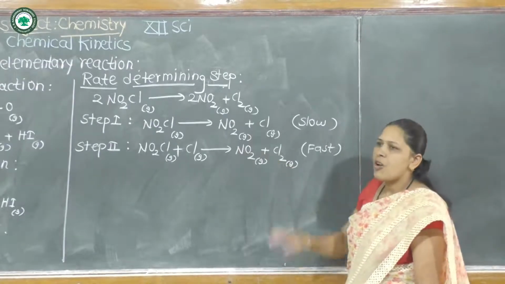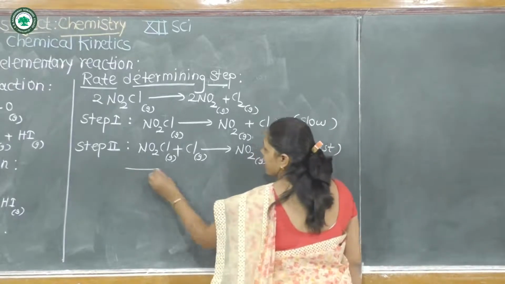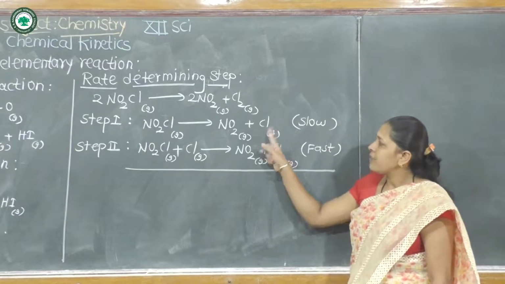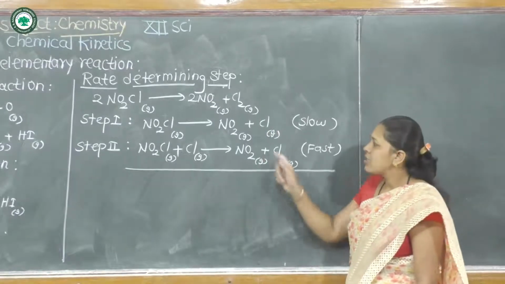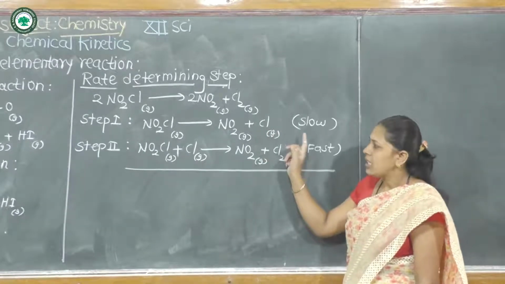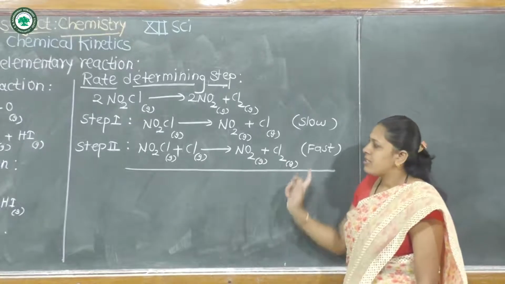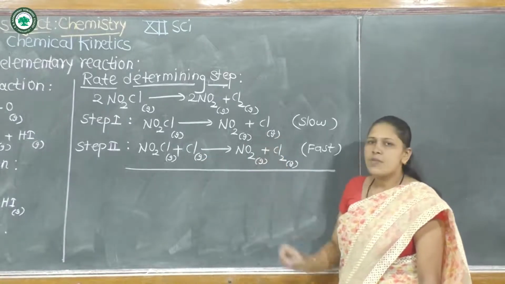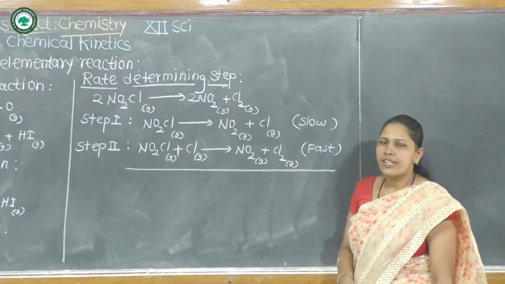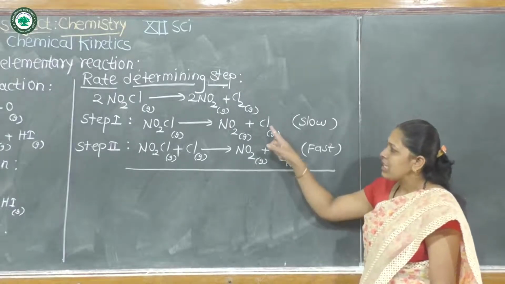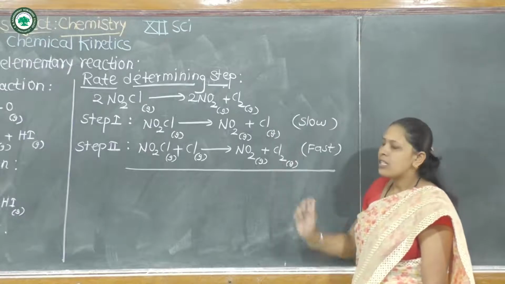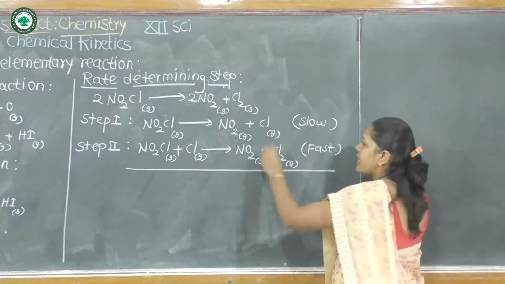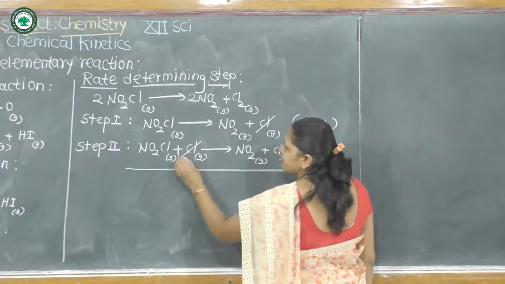By addition of these two reactions, we get, here, elemental chlorine is formed in the first step, which is consumed in the second step. That intermediate is called a reaction intermediate. Therefore, in this reaction, elemental chlorine is the reaction intermediate which gets cancelled.